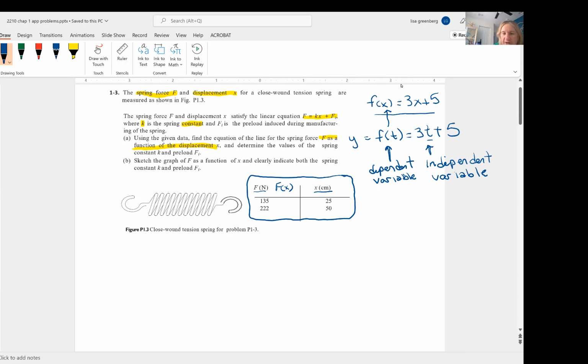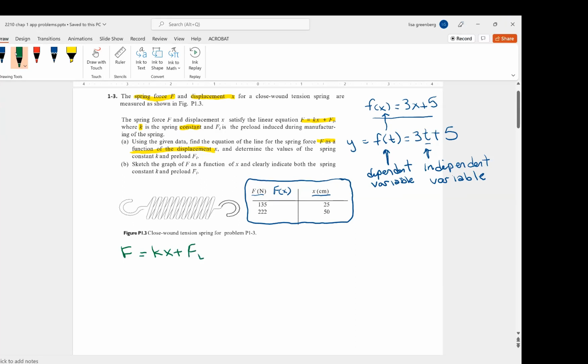And determine the values of the spring constant k and preload f sub I. Okay, so how are we going to start this? Well, let's start it by saying we know the equation of the line is going to be f equals kx plus f sub I. Okay, so why is that a linear equation? Well, a linear equation in slope-intercept form looks like this: y equals mx plus b.